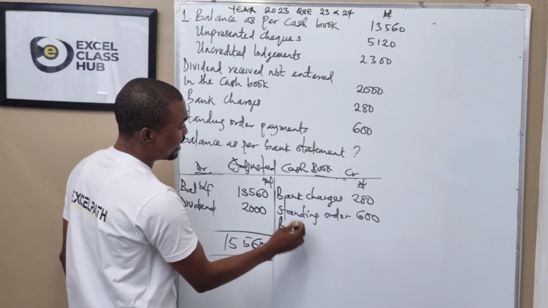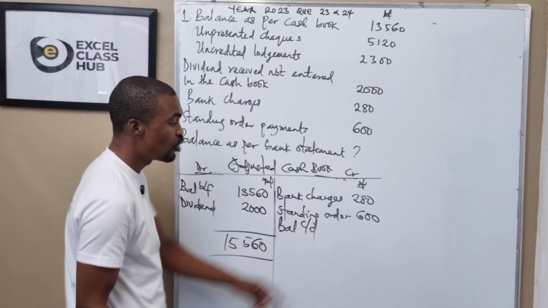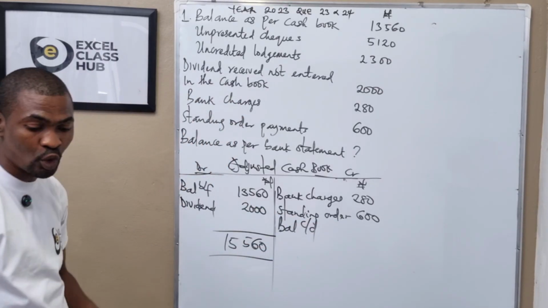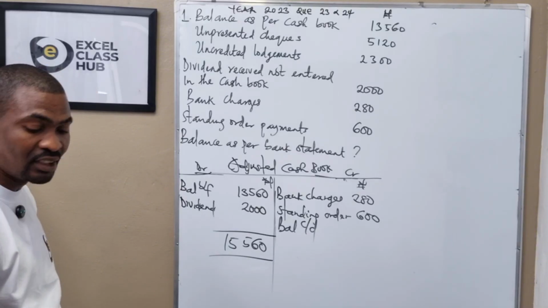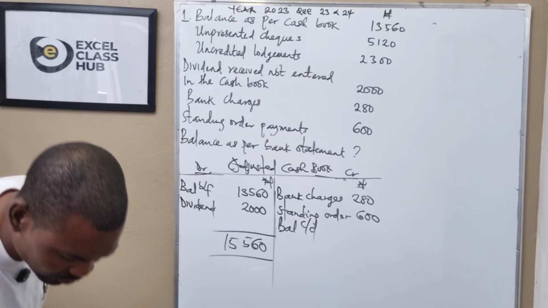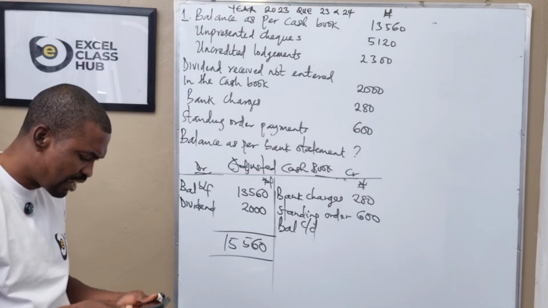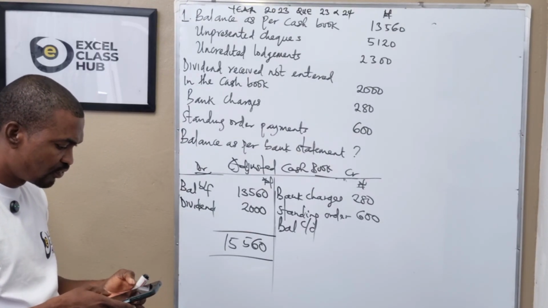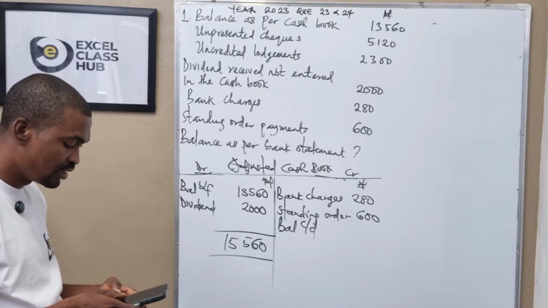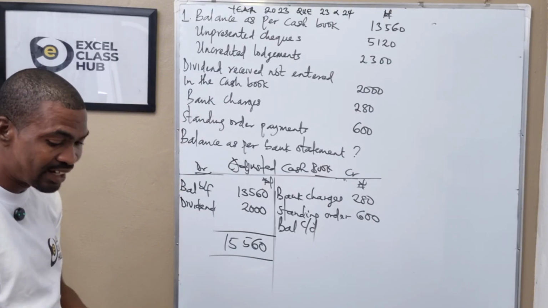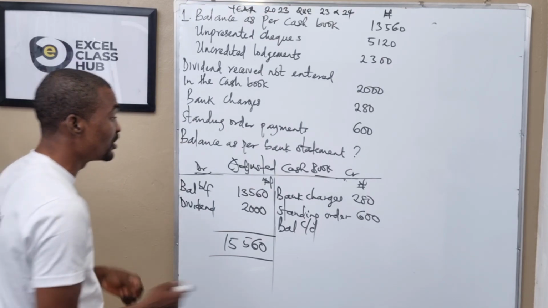Then we have our balance carried down. The payments here are 880, so we have to subtract: 15,560 minus 880. And that will give us 14,680.